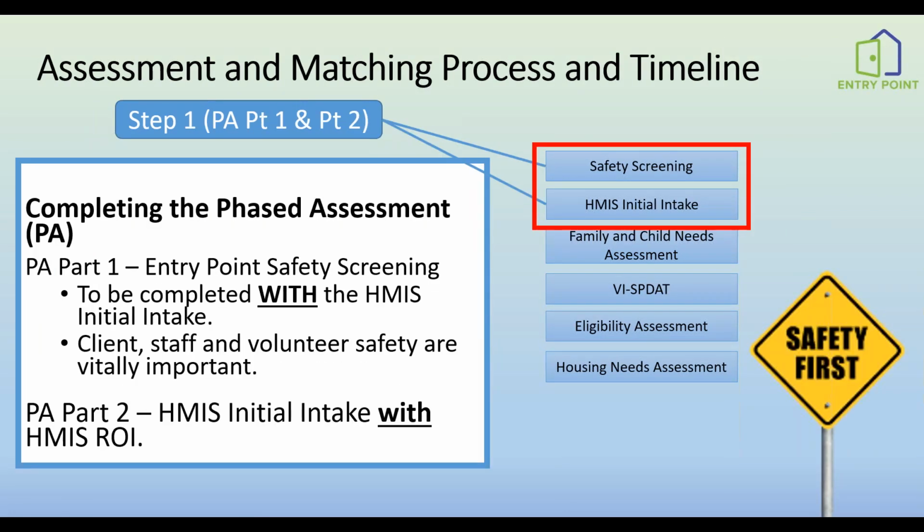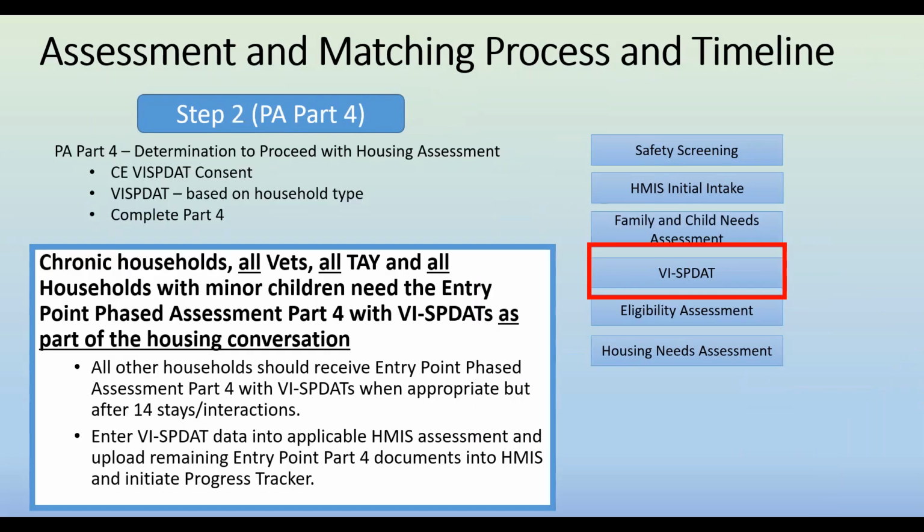So part one is the safety screening, and we do the entry point safety screening at the same time as the HMIS initial intake or your program intake. We do that right away at the same time.